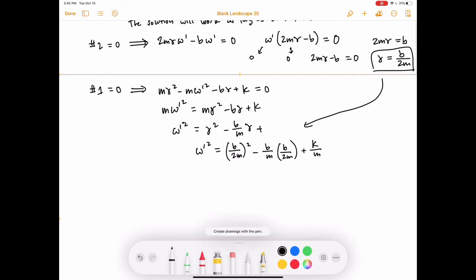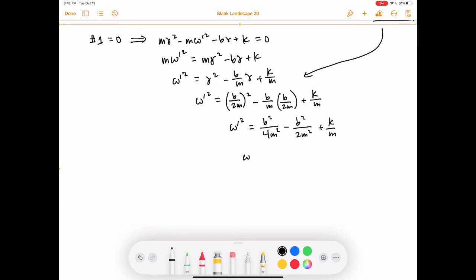That last term should be k over m, of course, because we divided out the mass. Okay, so to simplify that, we have omega prime squared equals b squared over 4m squared, minus b squared over 2m squared, that's the second term, plus k over m.